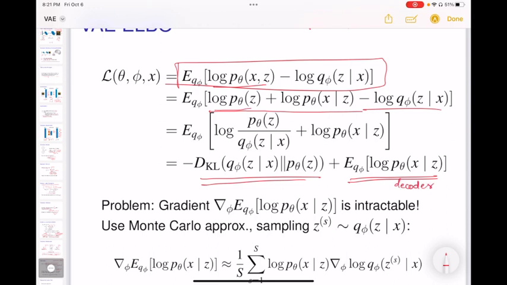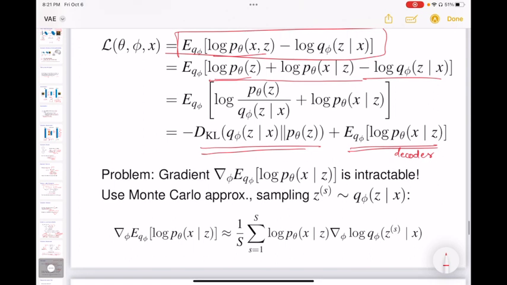To recall, the problem here again is intractability. Because we want to optimize these using gradient descent, we need to calculate gradients with respect to all the parameters phi and theta. If you're trying to optimize the parameters phi, which are the parameters of the encoder network, with respect to maximizing this term, the gradient of this is intractable, right? So this again is a problem with intractability. Because this gradient is intractable, we have to use something called a Monte Carlo approximation.